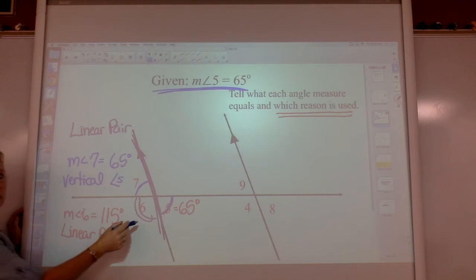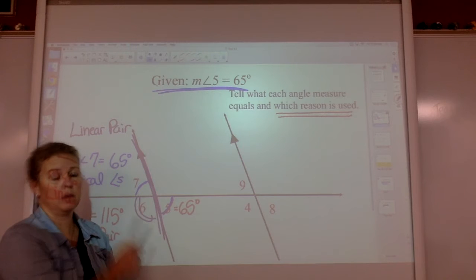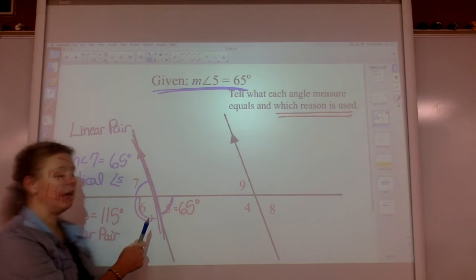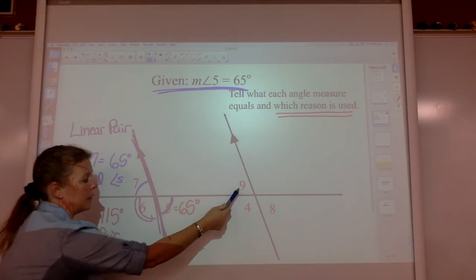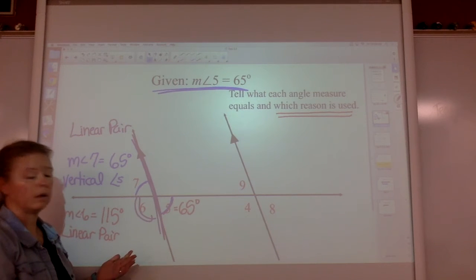Not okay. Why is that not okay? We've talked about this before. We don't know what angle 6 is. We think we know, but we did the math on that. That was not given information. If you make a mistake here, then you're going to make a mistake here, then you're going to make a mistake there, and it's going to snowball to the point that you're going to have them all wrong.